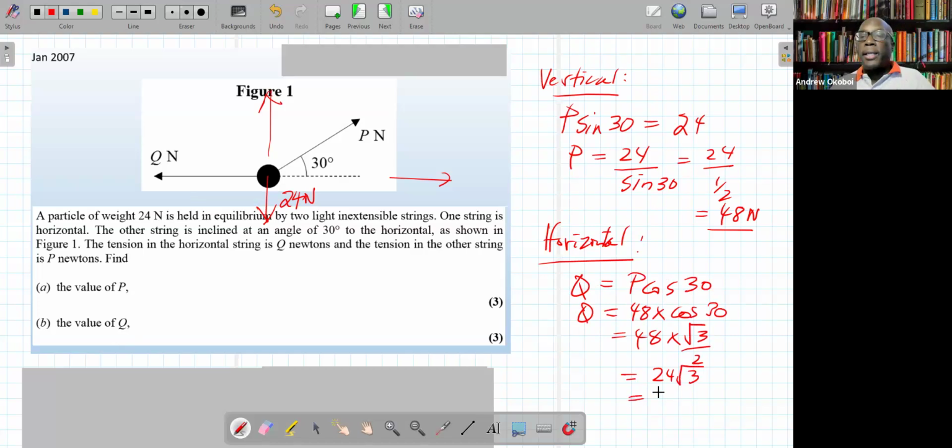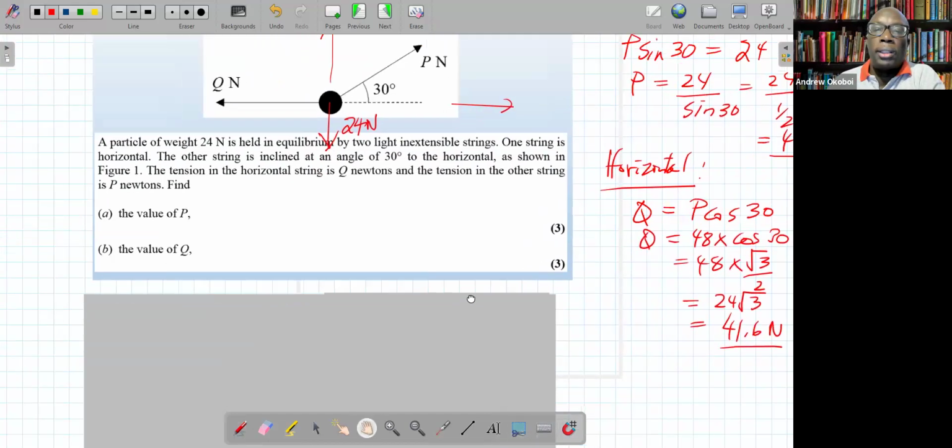I can find the answer on the calculator. I get 41.6, let's say. Okay, and that's it. Getting 6 marks in a very short space of time.